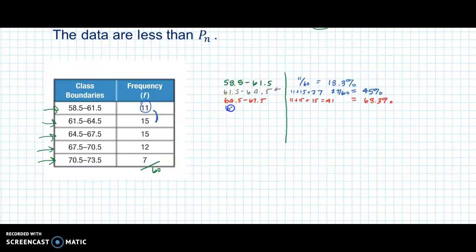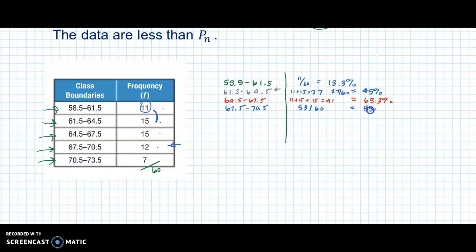Then you repeat the process for 67.5 to 70.5, this range. So we're doing 11 plus 15 plus 15 plus 12, which is 53 out of 60, which is going to give you 88.3%.